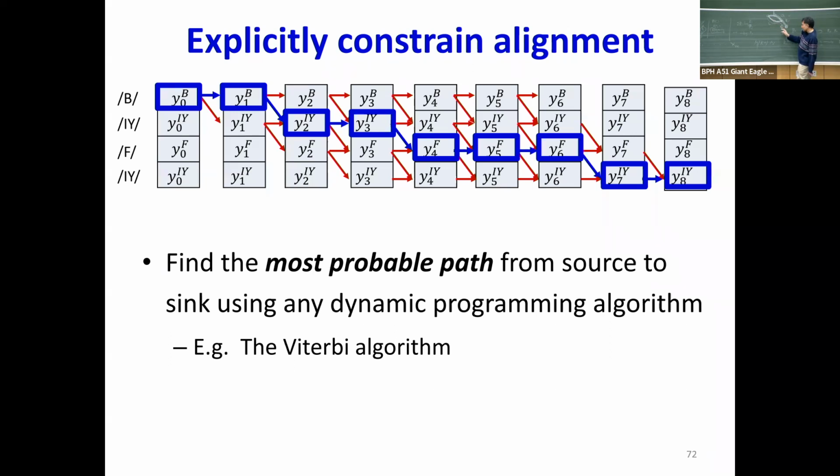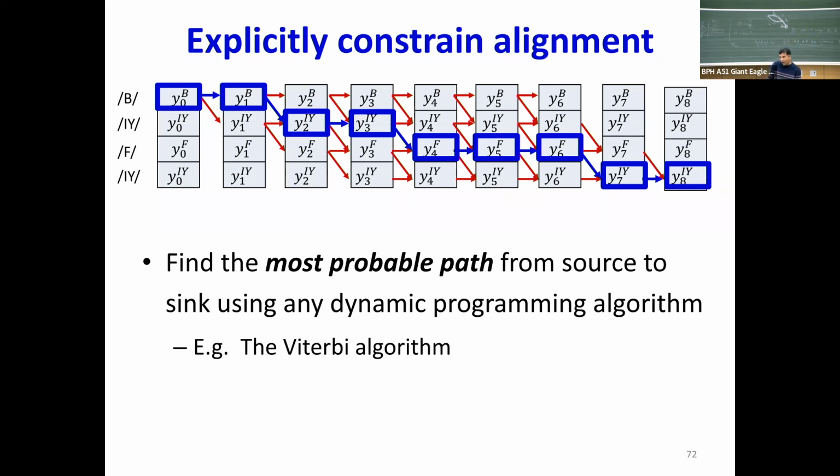There are only two options. This node has two parents. So the best path to this node is either an extension of the best path to this parent node or an extension of the best path to this parent node. There is no other choice because you're always extending and just adding one more probability term in.